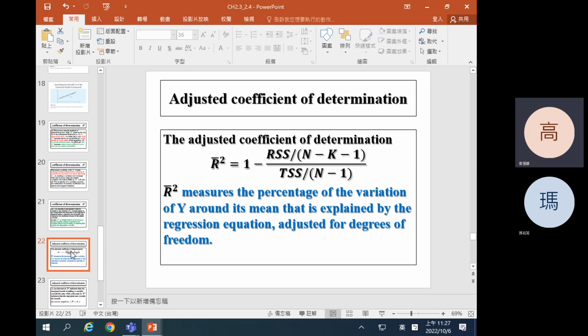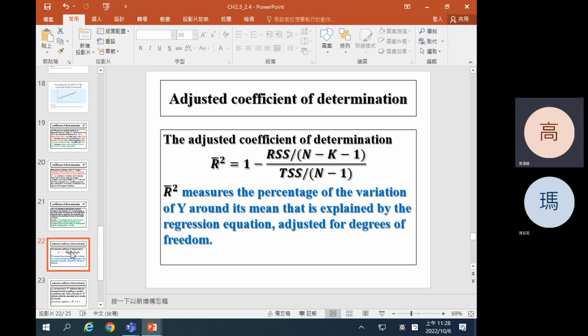Okay, how about the numerator? This one says n minus k minus 1. What does this k mean? K means the number of x variables. So for our assignments, what's the k?